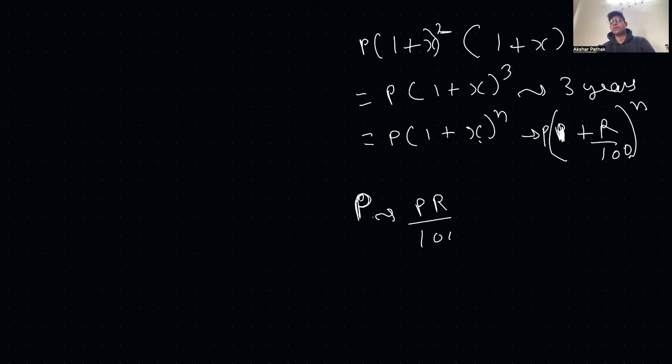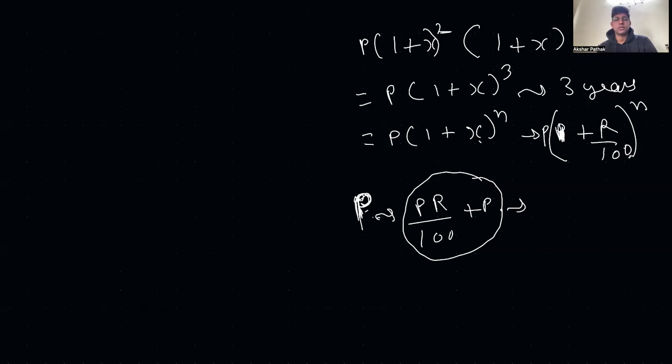Now they won't take P plus PR by 100 in the next year. They will take from this value, they will increase the rate. They won't increase the value from the initial P. So that's why compound interest is kind of expensive.